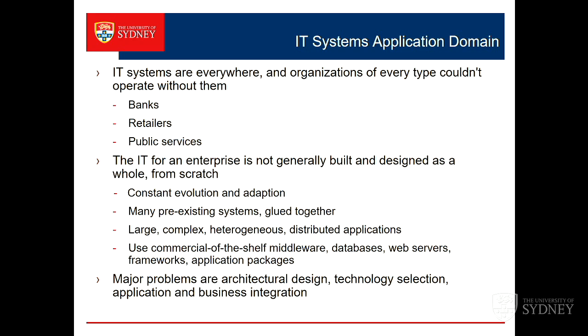Instead, generally an enterprise IT system is going to be this incredible mess, is a good word for it. Legacy is sometimes used as a pejorative term, but it just means stuff which is not currently active being developed.